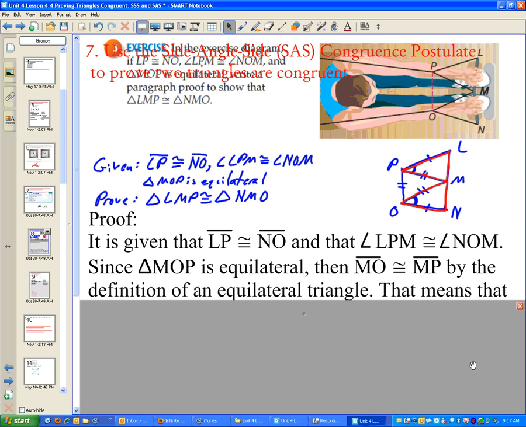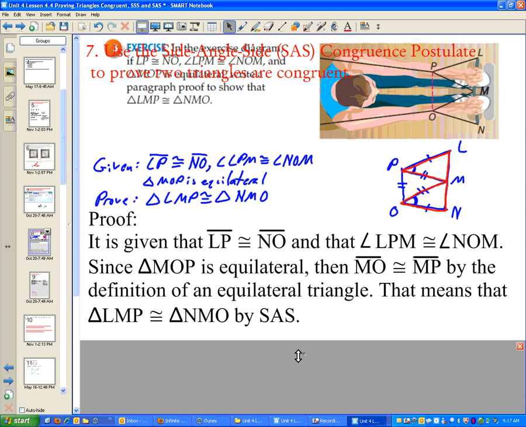That means that triangle LMP is congruent to triangle NMO by side angle side. Because look what we did. We had one pair of congruent sides, then we had a pair of included angles congruent, and then finally we had the second pair of congruent sides.